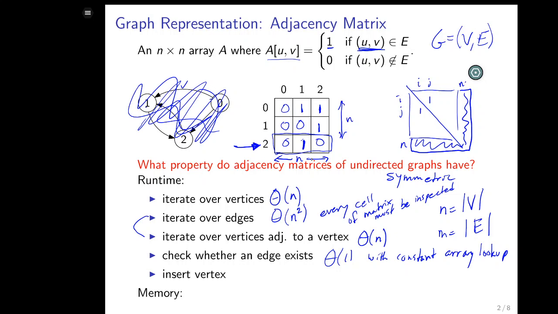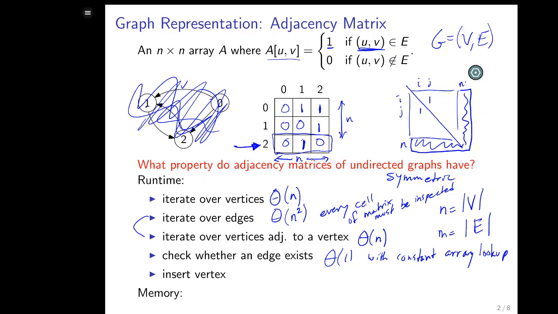You may have to resize it, and if you do resize the matrix, it will take you n squared time. You would resize it to be about twice the size that it normally would be, and then you would get a bunch more ability to add vertices to this graph, which hopefully would pay for the cost of building this n squared thing.